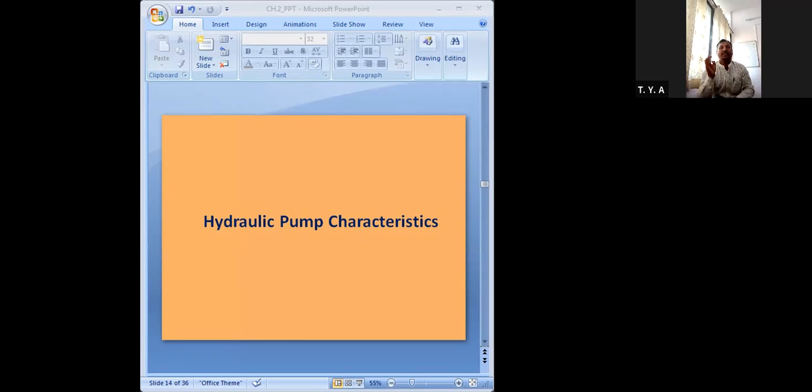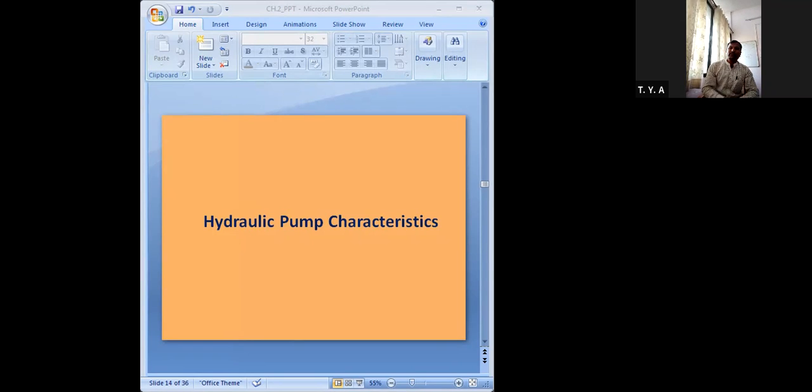So which are the control factors for the pump? You should remember this point: discharge pressure, volume of the fluid, then the speed of the operation and the load on the pump.